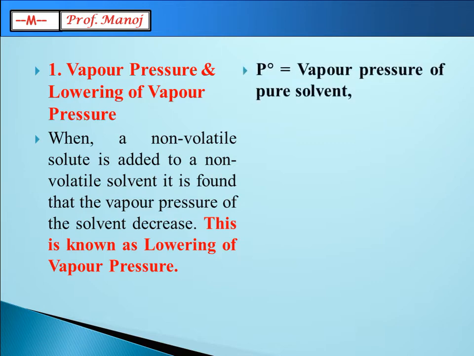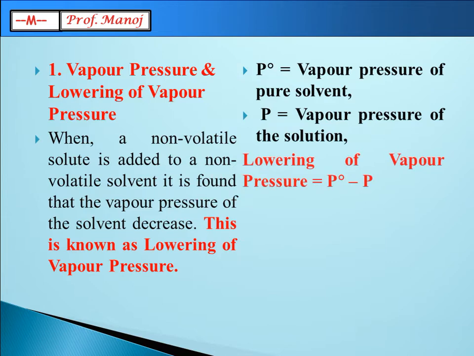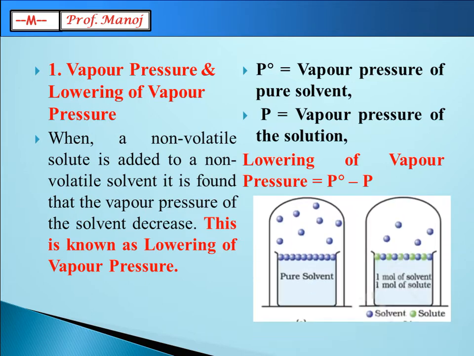Symbolically, if I take the vapor pressure of pure solvent as P0 and the vapor pressure of solution as P, then lowering of vapor pressure is given as P0 minus P, the difference. We can understand it with a simple diagram. Imagine in a vessel, pure solvent is kept and there are vapor molecules escaping.